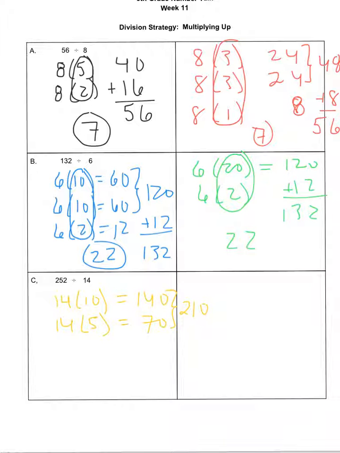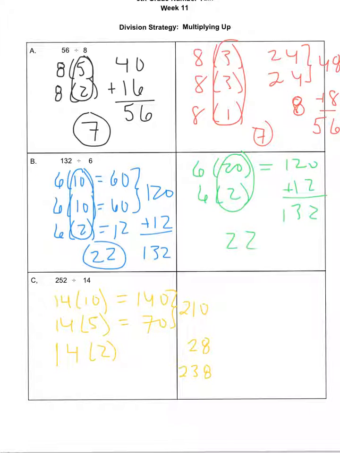So then, I could say 14 times 2 is 28. So that has me up to 238.